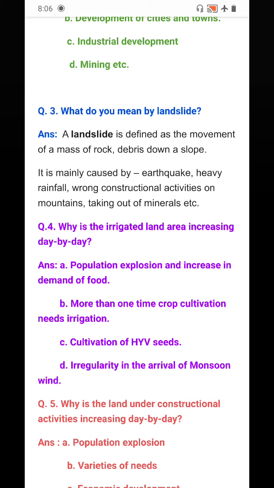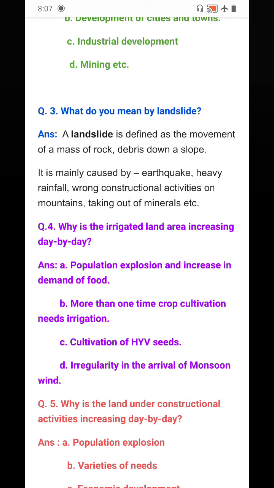And irregularity in the arrival of monsoon wind. That means our country's main rainfall occurs by whom? Monsoon wind. I have already told, from the middle of June to the middle of September is the time when the monsoon season comes, or the rainy season starts. But sometimes the monsoon wind does not arrive at the right time.